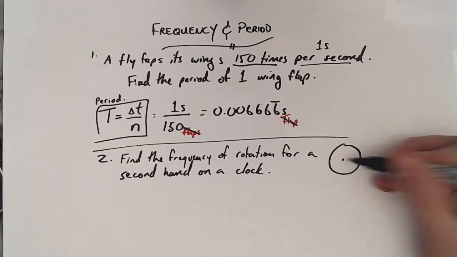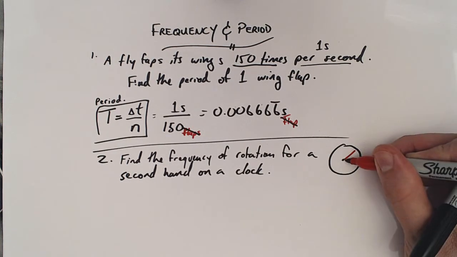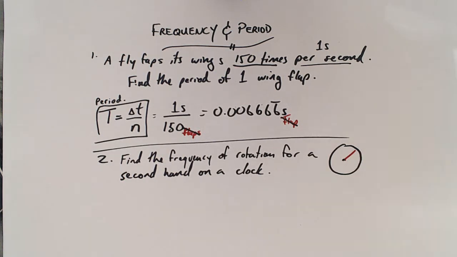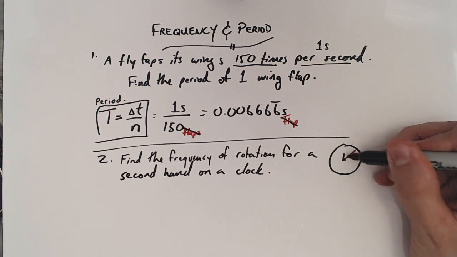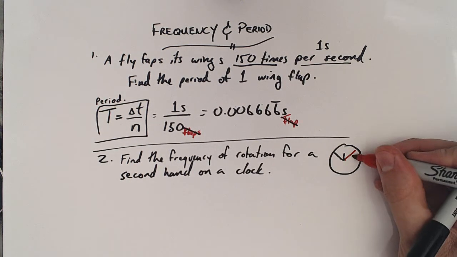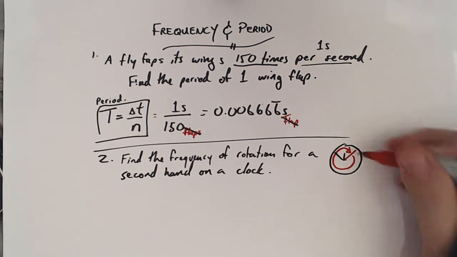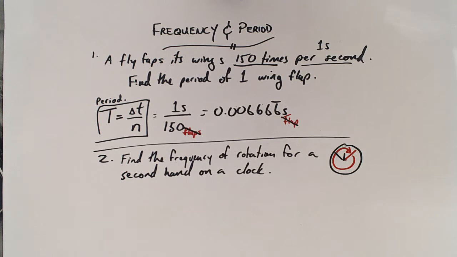I always think that the good old-fashioned analog clock looks kind of handsome. So I'm going to use my good old-fashioned analog clock, and I know that on an analog clock, that second hand goes all the way around the face 1 time every minute.